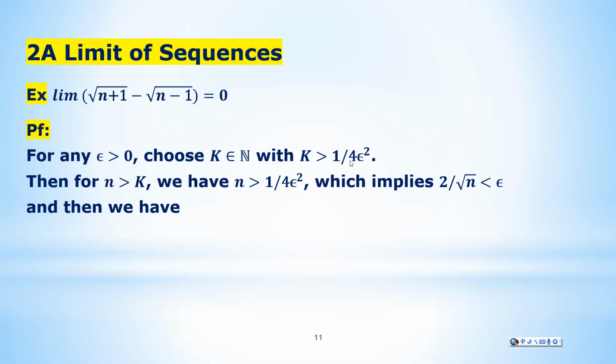So K is greater than 1 over 4 epsilon squared. Now for every n greater than K, obviously n will also be greater than 1 over 4 epsilon squared. And then from here, this inequality will imply that 2 over square root n is less than epsilon, because this is the backwards of the previous calculation.